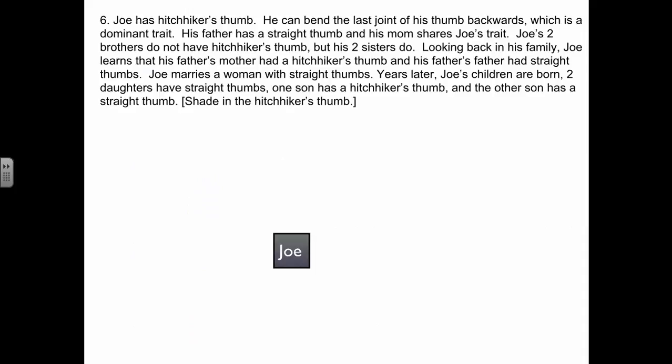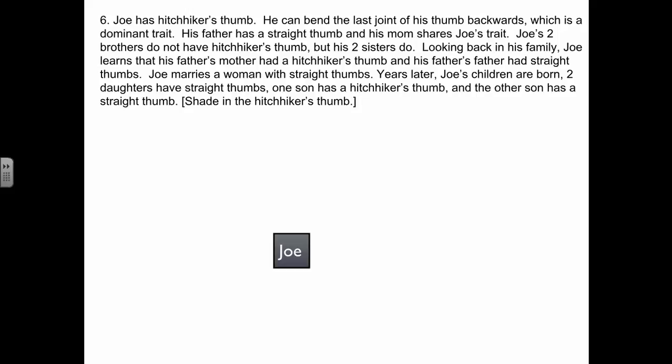All right, now we got a challenge. Now, let me give you one tip. Joe. So do not put Joe at the top of your pedigree. Because later on in the story, this paragraph, it's going to tell you about his parents and his grandparents.